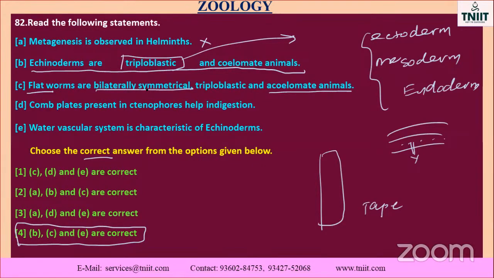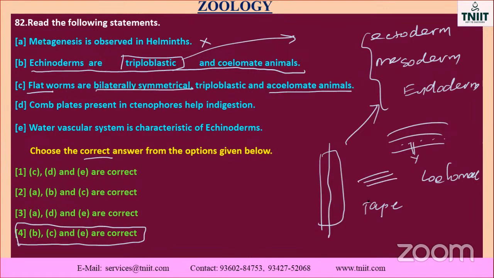They are bilaterally symmetrical, so they can be split into two equal halves. Triploblastic, yes, but the coelom is completely absent.